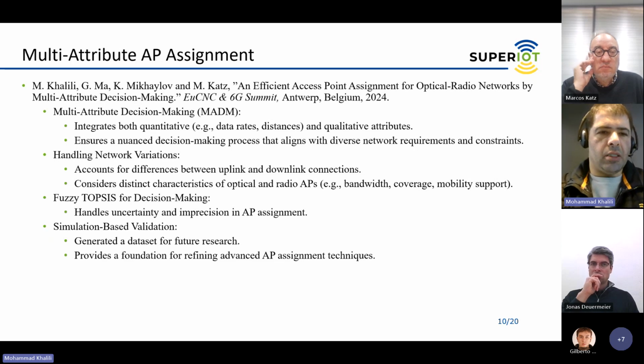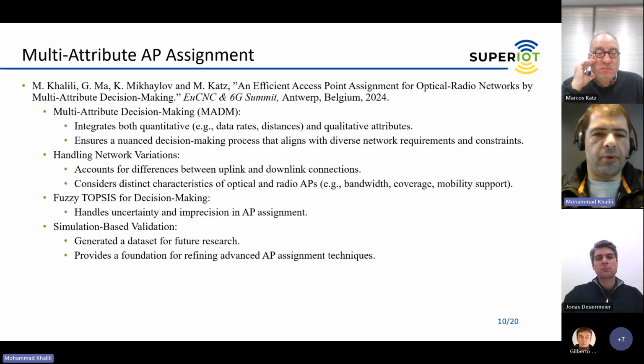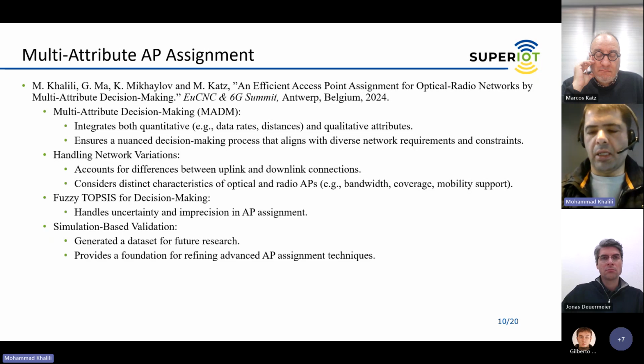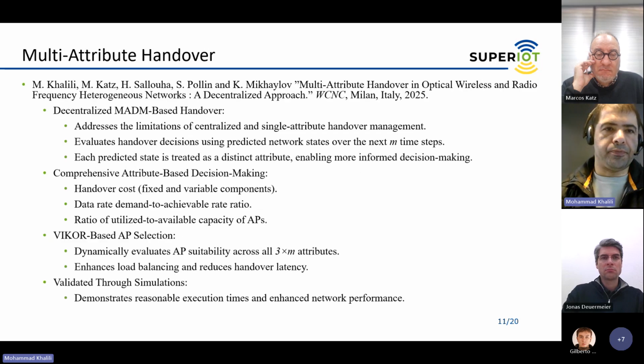We evaluated our approach via simulations and provided a data set for this problem of access point assignment that can be used in machine learning or AI approaches.